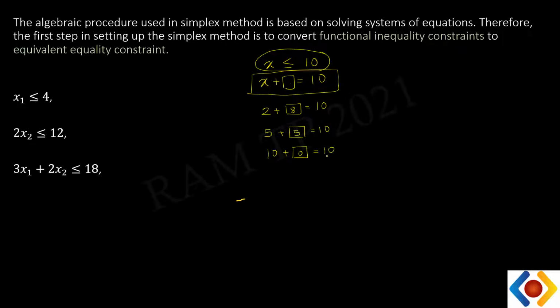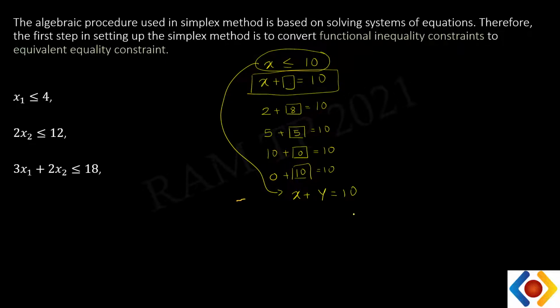And x can also be 0. If x is 0, then the box becomes 10. So this box can assume different values depending on the value of x. I can simply use a variable for that, so I can write this as x plus y is equal to 10.